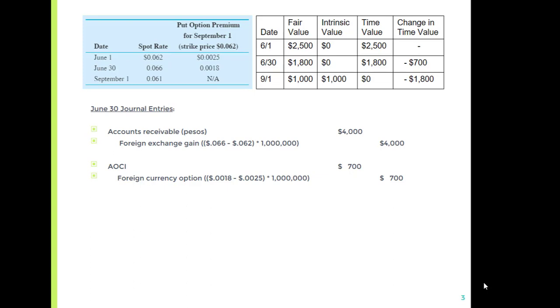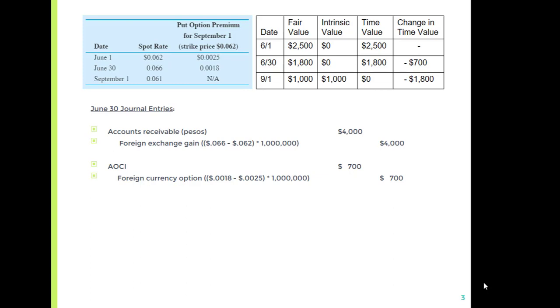The longer the time to expiration, the more of a likelihood that the option will be in the money, which means that it would be advantageous economically to exercise the option. Now the time frame has shortened by 30 days in the month of June, so there's a resulting decline in the time value.